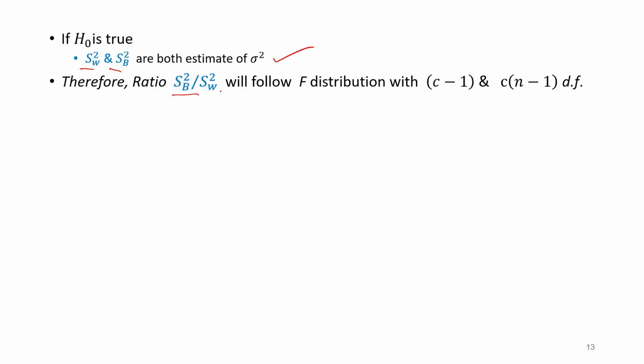Therefore, the ratio will follow the F distribution, because it is the ratio of variances, with C minus 1 and C into n minus 1 degrees of freedom. This is the degrees of freedom while calculating S squared B, and this is the degrees of freedom while calculating S squared W.